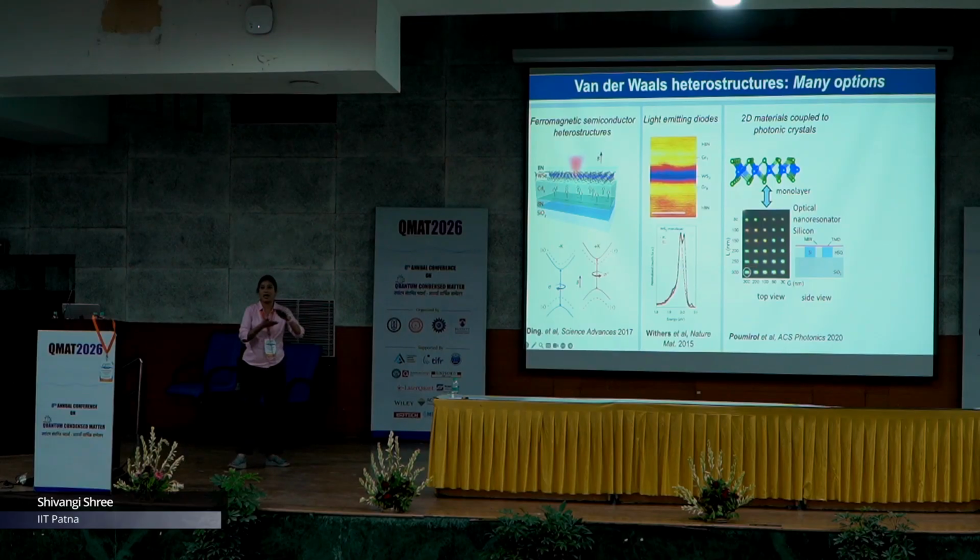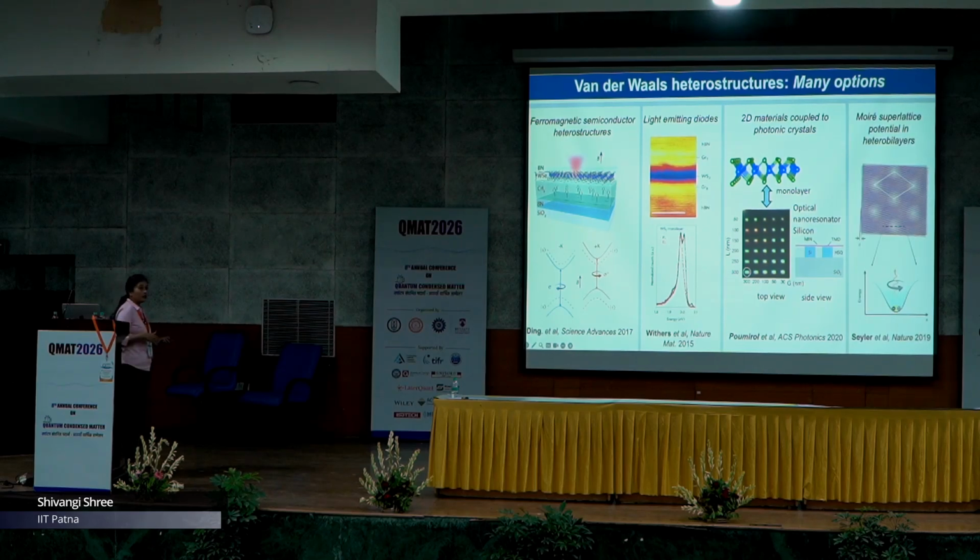You just stack them on top of each other to further enhance the luminescence. And then the theme of this session, the Moire superlattices: one can also try to study correlated states or look for single photon emitters, for example.